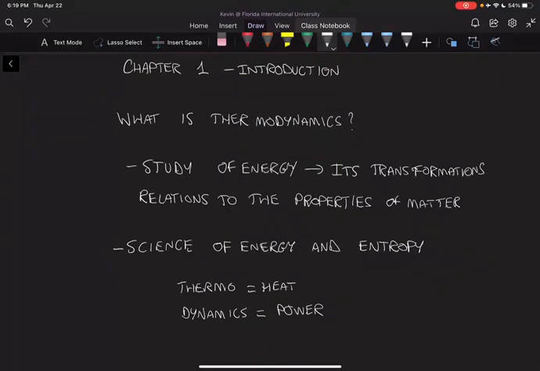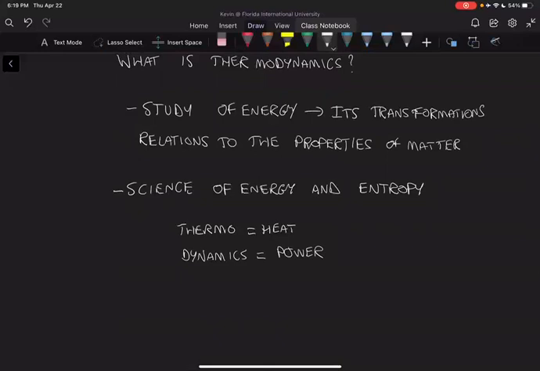Okay. And what we're going to be defining in this first lecture is a few different terms so that we are all on the same page. We're going to define a few terms such as system. We're going to define energy, which we already did above. We're going to define properties, what a property means.